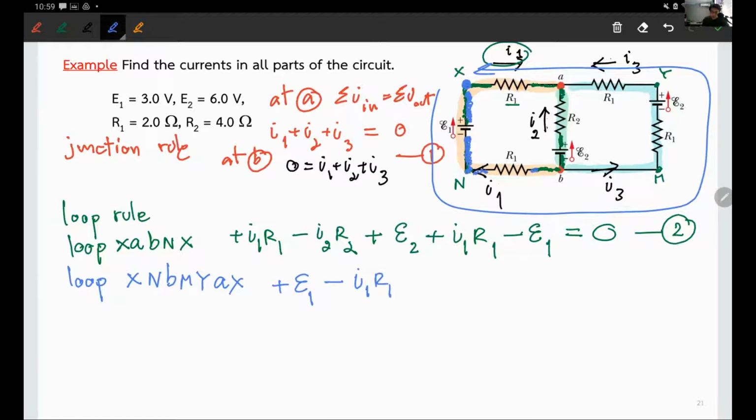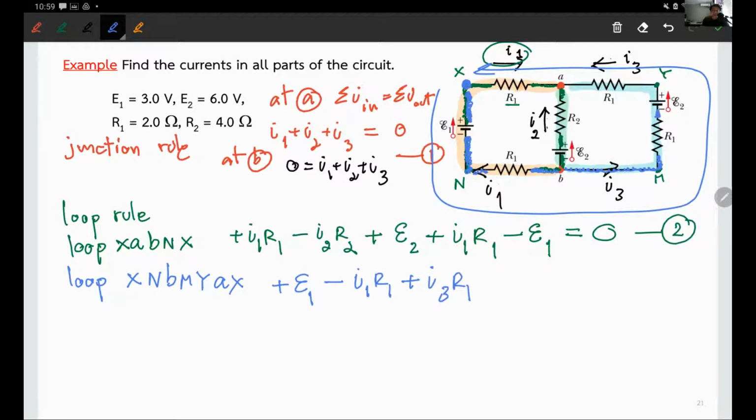Keep going. Now at point B, nothing happened, turn. Now I'm seeing R1 with the I3 going through, and the current I3 is pointing in the same direction as my analyzing, so it's positive I3 R1. Keep going.